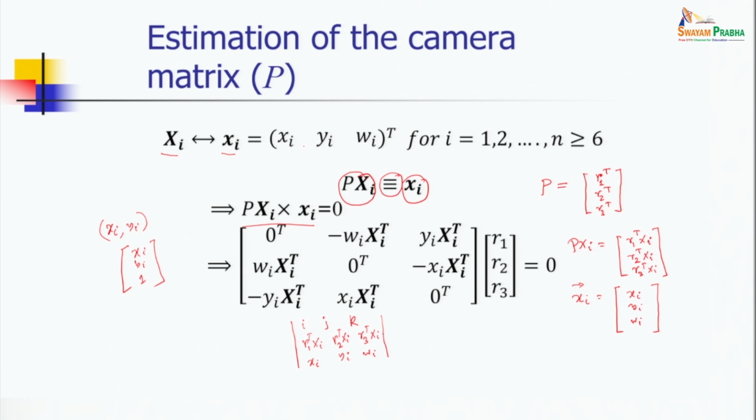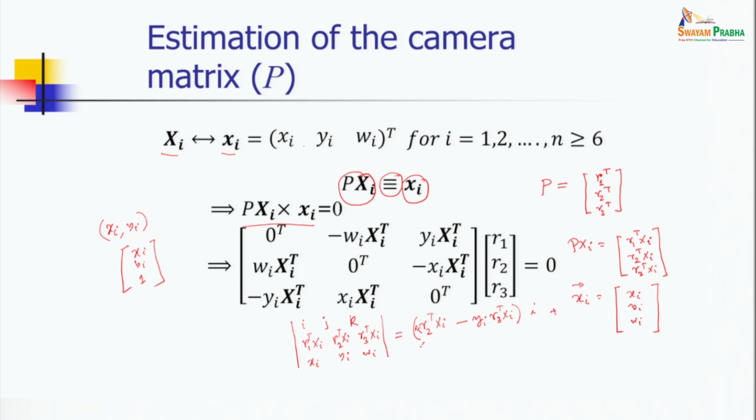If I perform this operation and segregate along i, j, k, you can see the first component of this vector can be expressed as R2 transpose xi times wi, minus yi R3 transpose xi, along i.